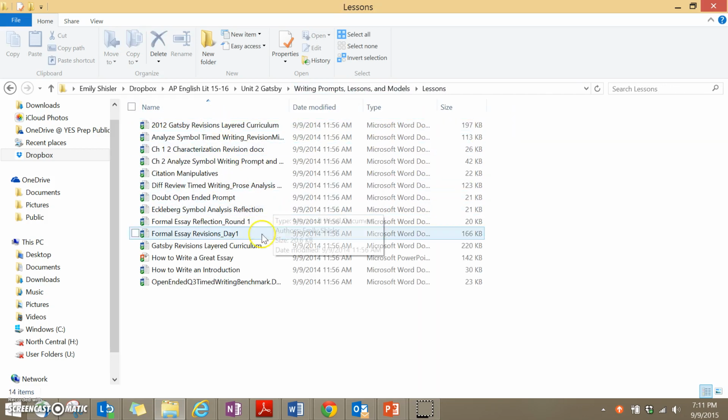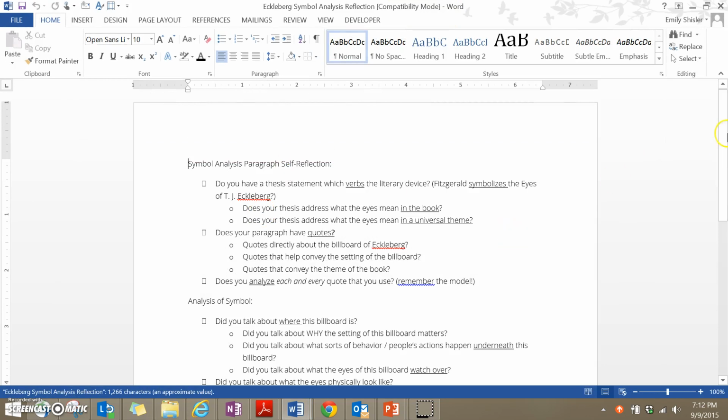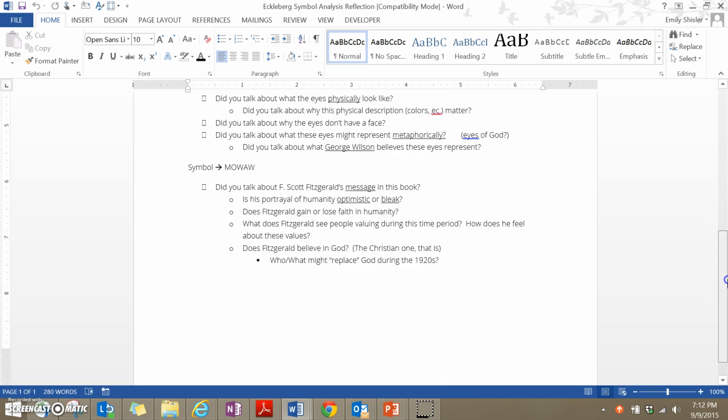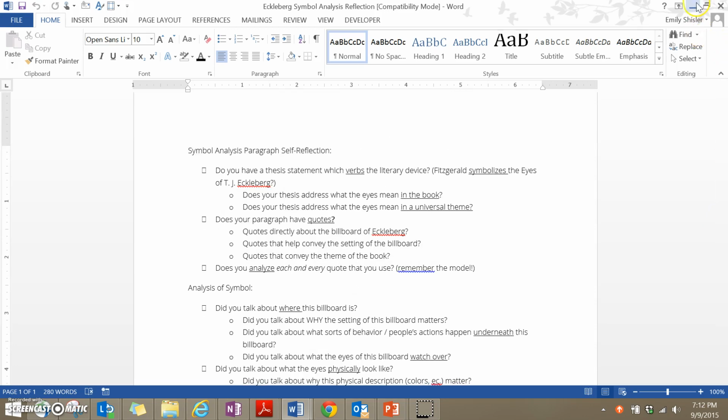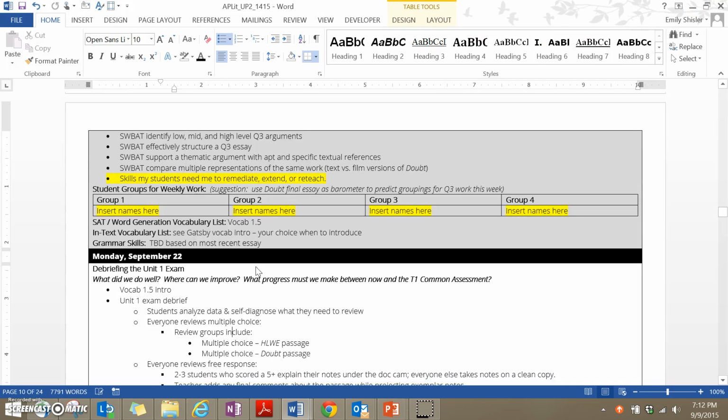So if students didn't do so great on symbol, I really liked this particular resource about going back through, thinking through the myriad bajillion ways you could have talked about the symbol of the eyes of T.J. Eckleburg watching over you.